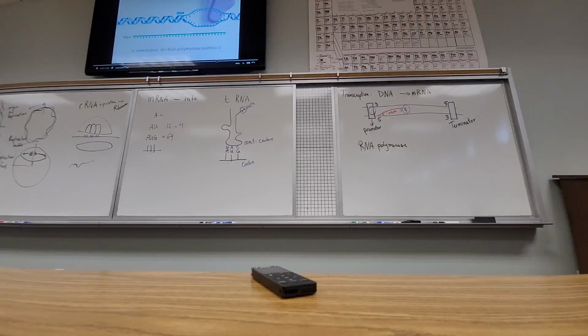In termination, the RNA polymerase reaches a region of DNA referred to as the terminator sequence. When it reaches this region, it signals the RNA polymerase to stop adding nucleotides to the RNA strand and to separate from the DNA. The RNA strand is then released from the RNA polymerase, and this ends transcription.